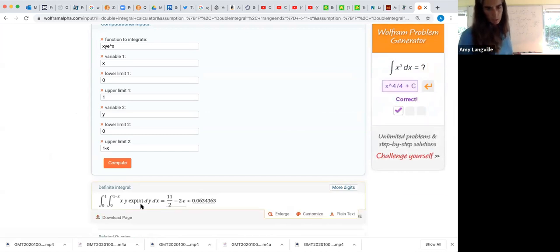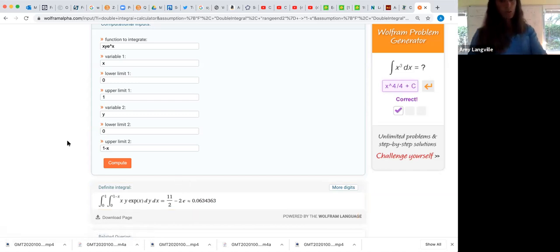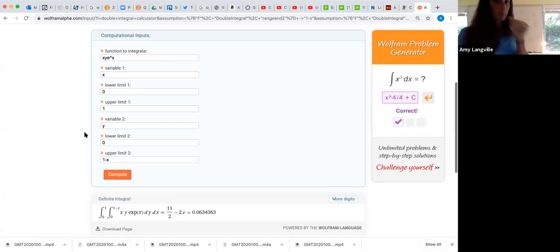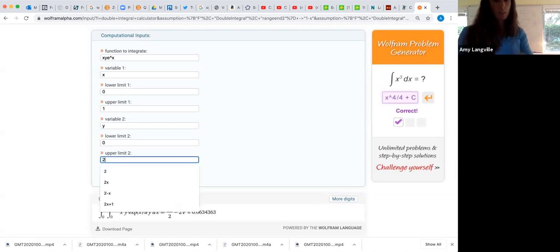So x, y, e to the x, dy, dx. y went from 0 to 1 minus x, this line here. And x goes from 0 to 1, and it gives this decimal 0.063. Okay, so we are going to actually get to those variable limits next week. But just to show you that this same tool does do that, again, for now, we're always having constant limits of integration.